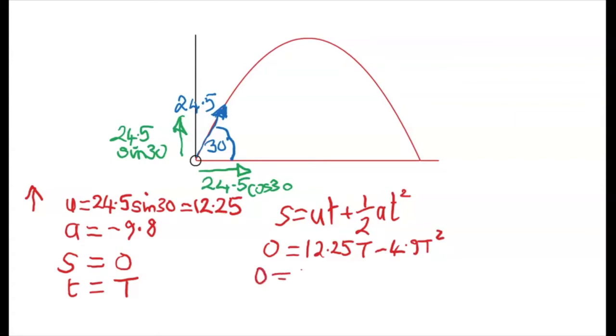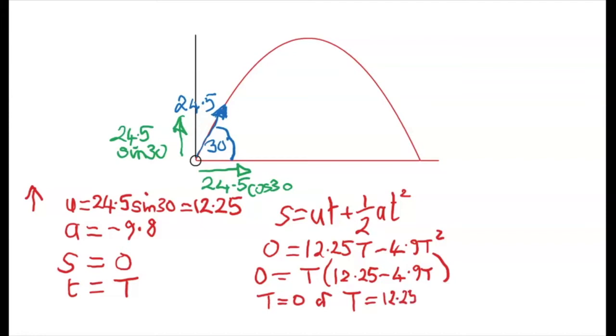There is a common factor, so we take the t out, which means that t is 0, or t is 12.25 divided by 4.9, which is 2.5.